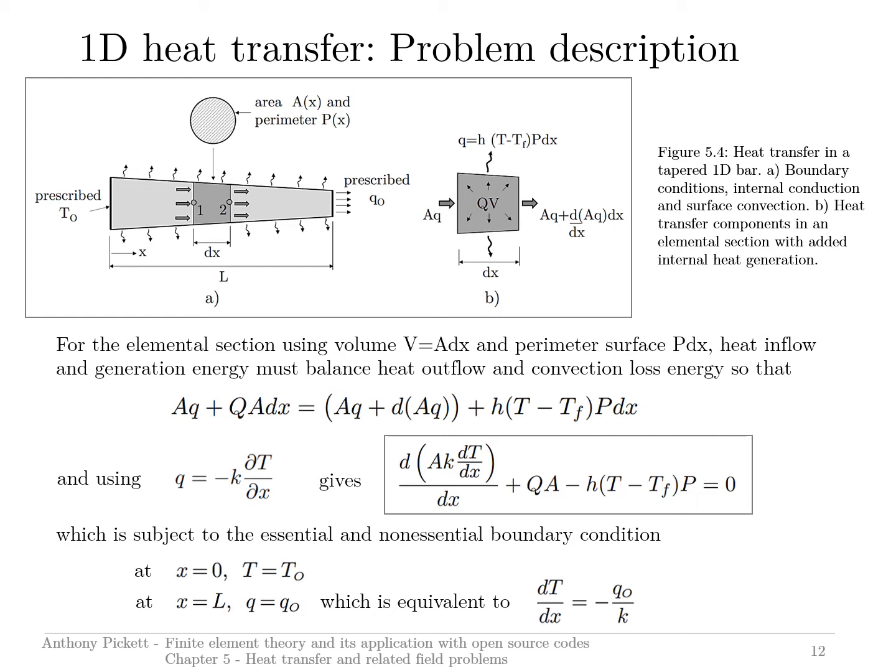And in the small diagram denoted B, we have a small elemental section where we have heat energy flowing in and heat energy flowing out. We have our usual gradient for a change in the energy flowing out. We have convection heat loss around the complete perimeter. And we also consider internal heat generation here.